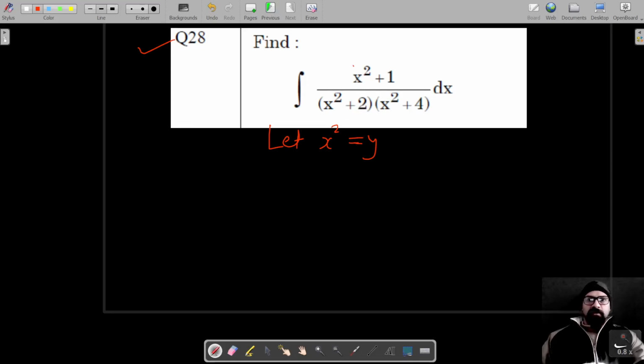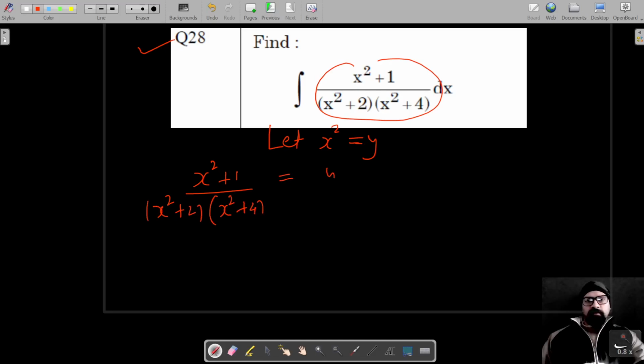So our expression x squared plus 1 upon x squared plus 2 into x squared plus 4 becomes y plus 1 upon y plus 2 into y plus 4.